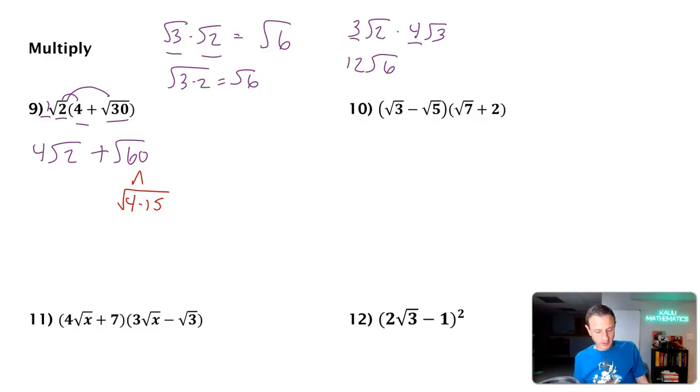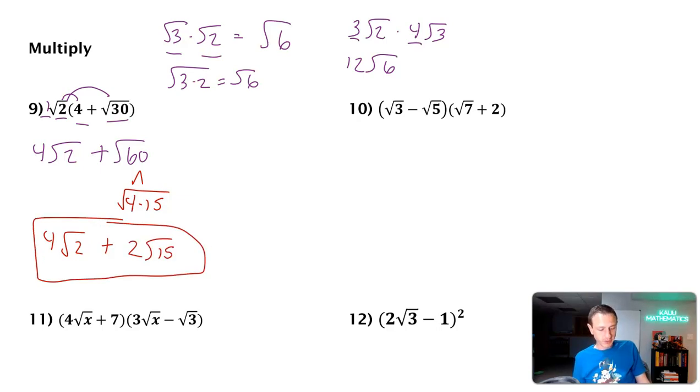Square root of 4 is 2. So this would be 4 square root of 2 plus 2 square root of 15. No, it doesn't generate like terms, but we still need to do it. So 4 root 2 plus 2 root 15.